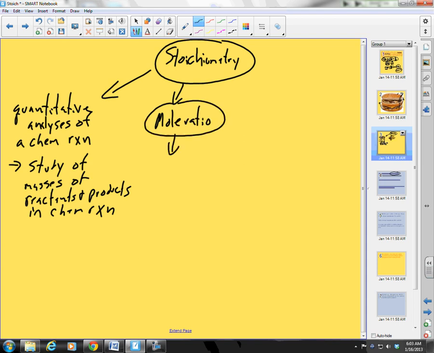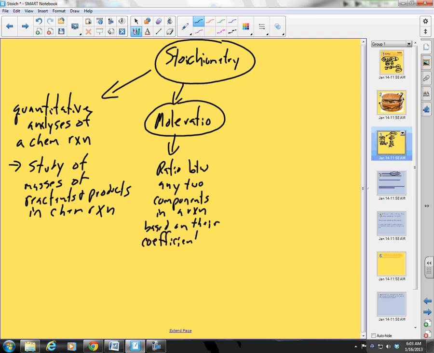The mole ratio is a ratio between any two components in a reaction based on their coefficients in a balanced chemical equation. So we look at the balanced chemical equation, and those coefficients relative to one another represent a mole ratio.